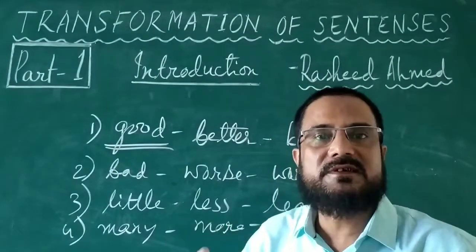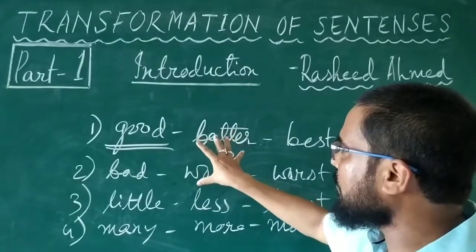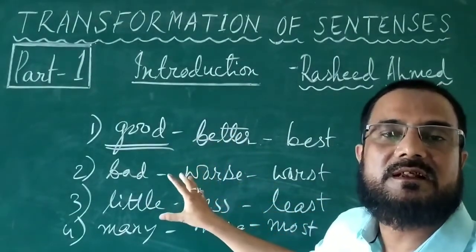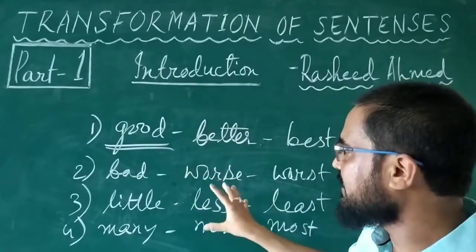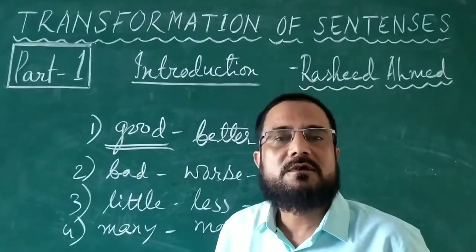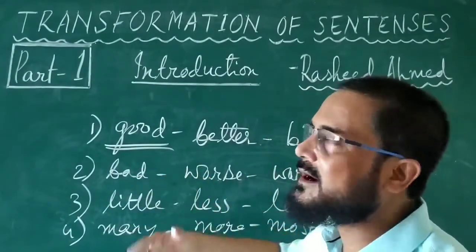How to do this, we will discuss in the next video. But in this video, we have learned how the original words are changed from one degree to another. This knowledge is very, very essential. So study these things again, have a look at these things, try to understand. And in the next video, we will start practicing the sentences. We will change sentences from one degree to another.